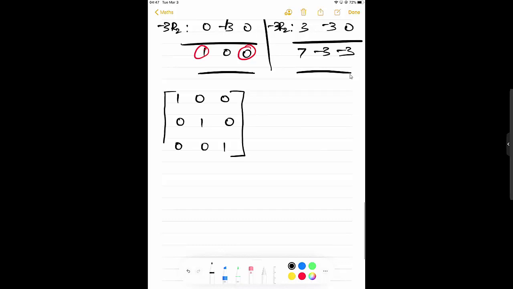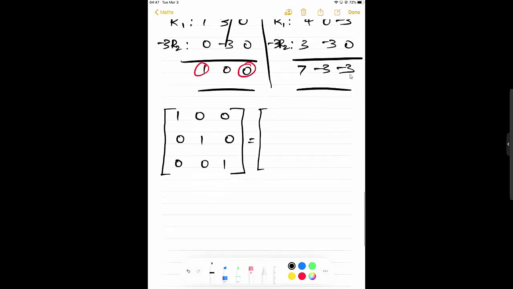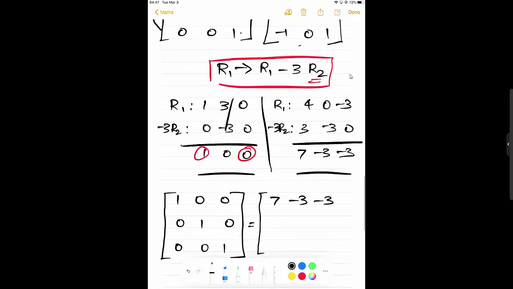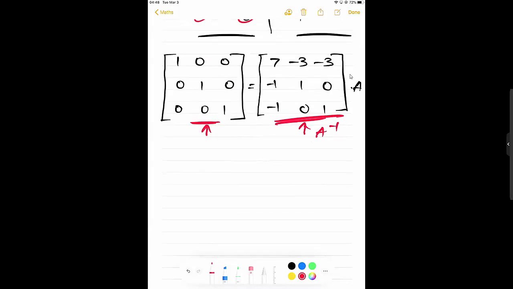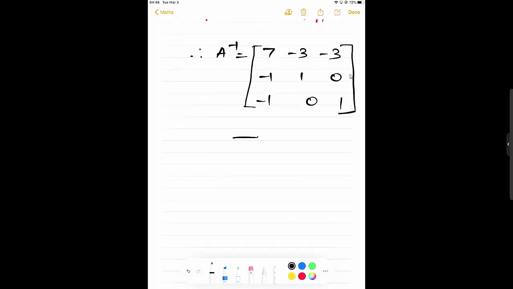So we formed the identity matrix, and this value is first row 7 minus 3 minus 3, then second row minus 1 1 0, then minus 1 0 1 dot A. At the time this particular A matrix changes to the identity matrix, this particular value we call it A inverse. Therefore A inverse equals, that's it.